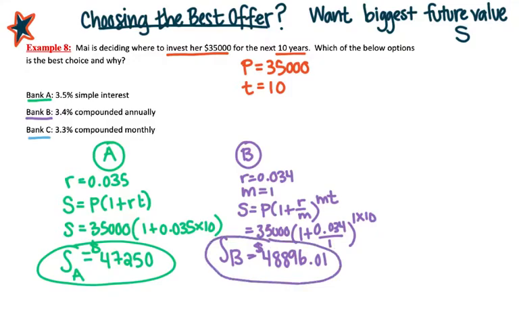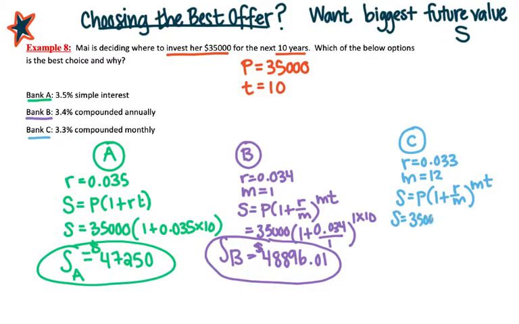Okay, last bank is Bank C, and this says the rate is 0.033, 3.3%, but it's compounded monthly. So again, we'll use the compounding equation, which is slightly more complicated than the simple equation. And we will plug in all the data. We put in our initial investment, $35,000, 1 plus 0.033 divided by 12, raised to the power 12 times 10.